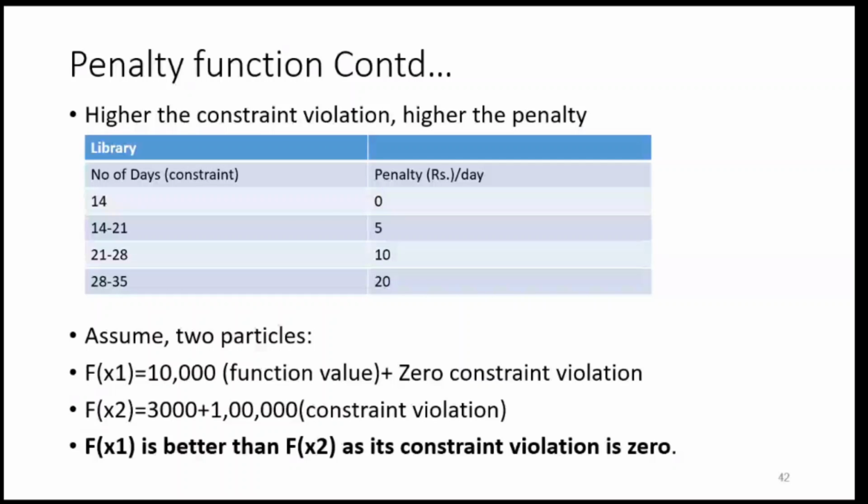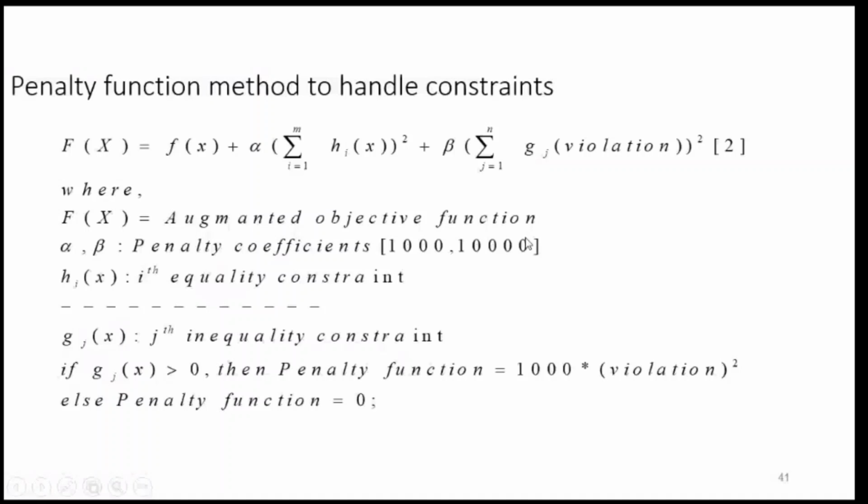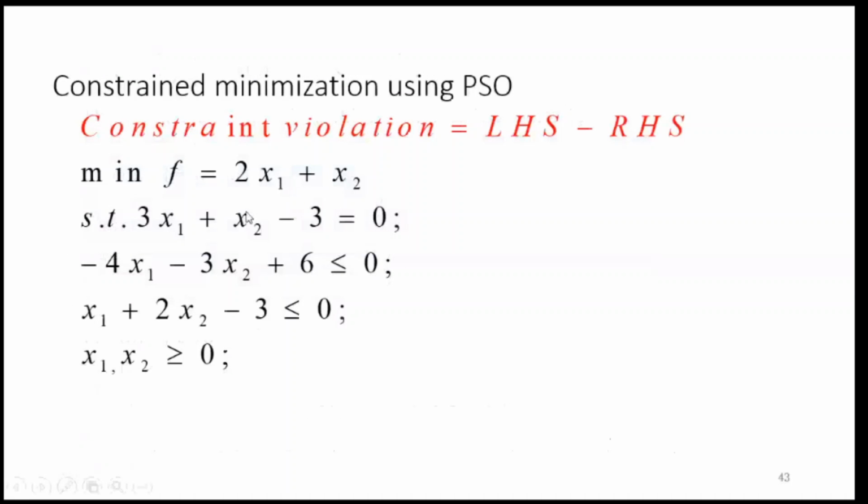So what is the meaning of constraint violation? Constraint violation is nothing but, suppose I write this equation 3x1 plus x2 equals 3. It means your optimum x values, x1 and x2, should be such that when you replace x1 and x2 by those obtained optimum values, then this LHS should be equal to RHS.